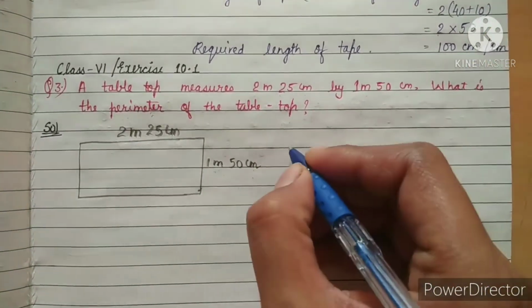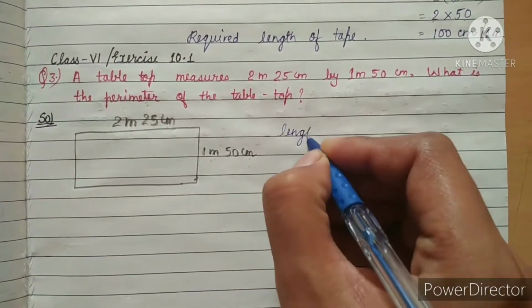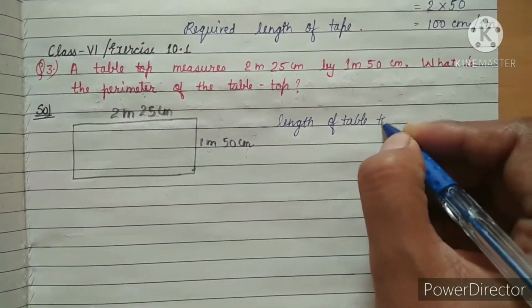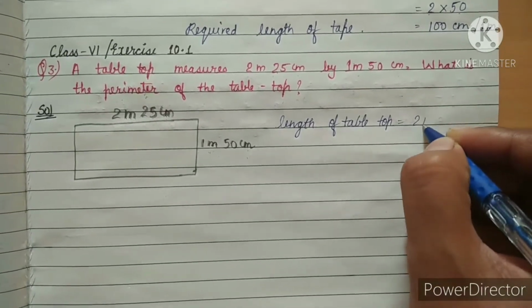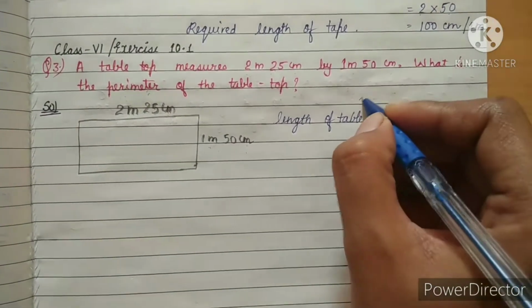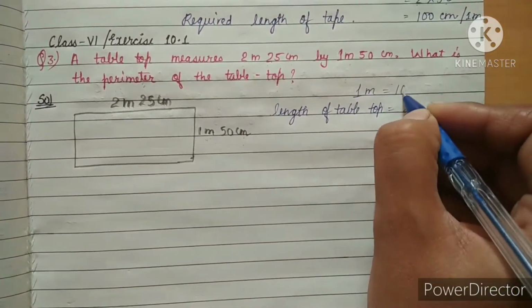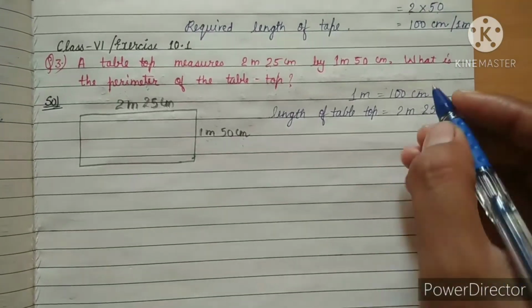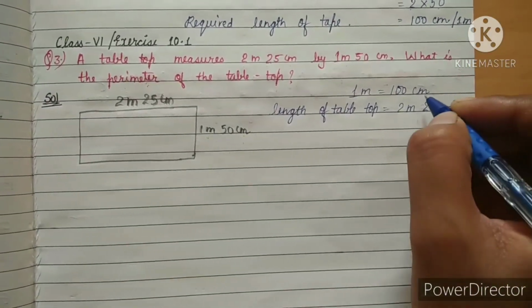So length of table top is 2 meter 25 centimeter. We know 1 meter is 100 centimeter.